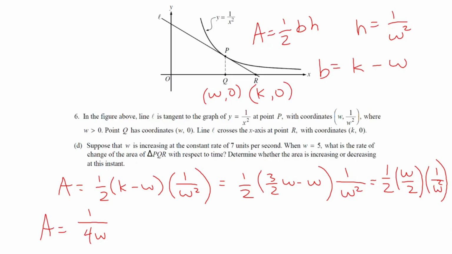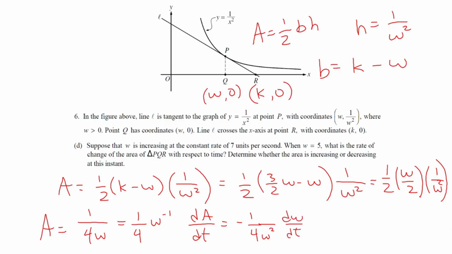And so now we want to find the rate of change of that area. So we need to take the derivative with respect to t, right? And so this is also kind of like 1/4 of W to the negative 1, if that's helpful. So dA/dt should just be negative 1/4 of W to the negative 2 times dW/dt.